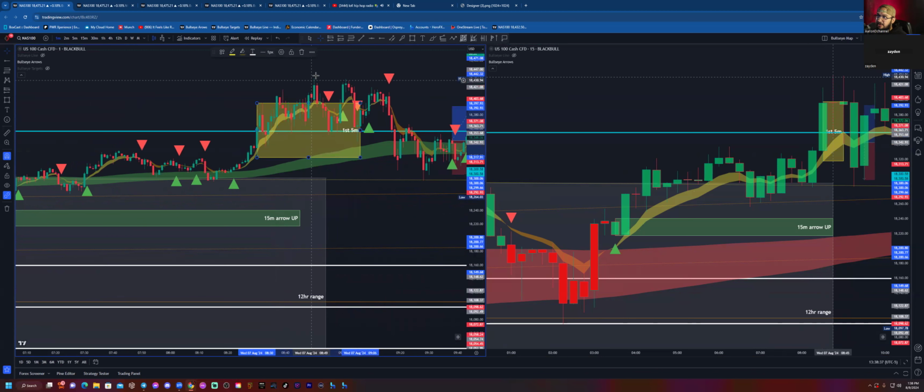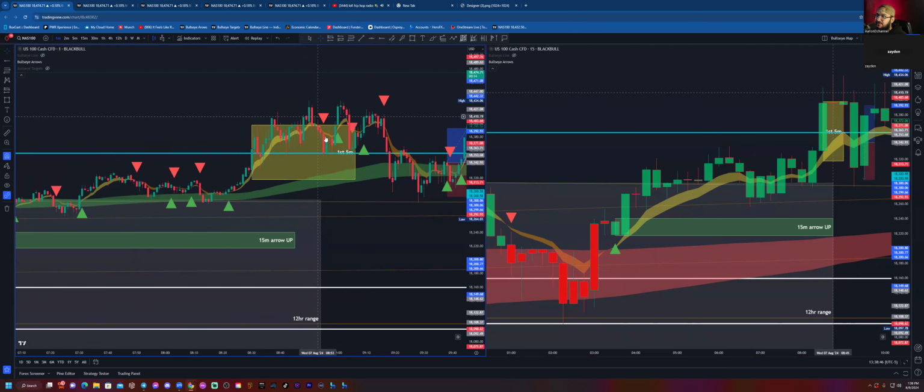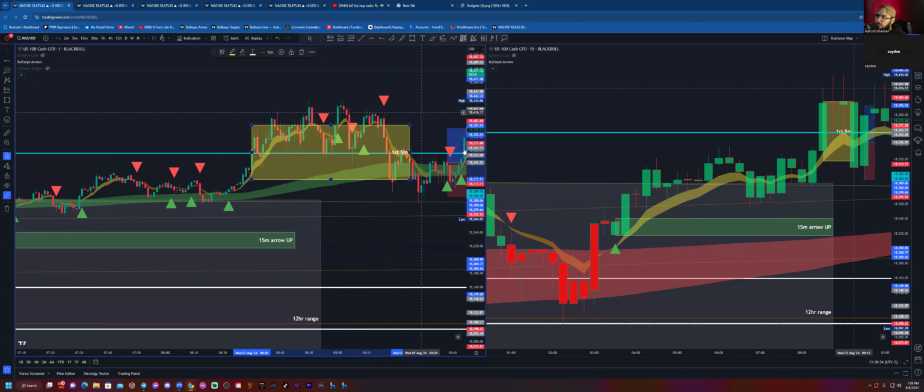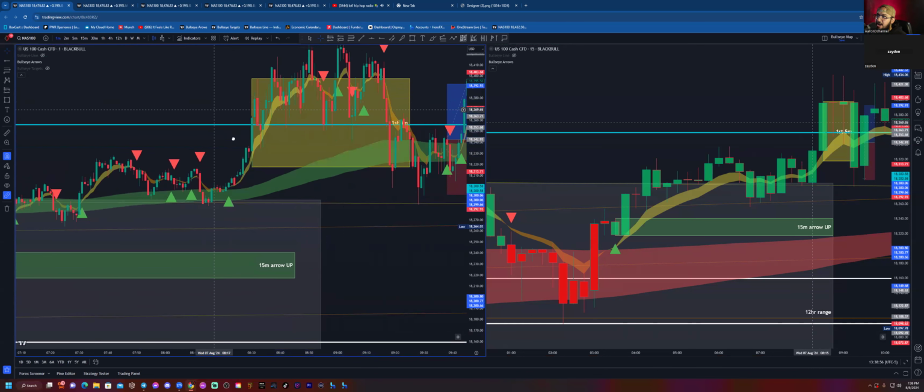We break above it, right? And we're pretty far from the green cloud. So I want to see it come back into this first 5-minute candle range and give us a reason to buy. Okay. Keeping in mind that we are really far from this 1-minute cloud.